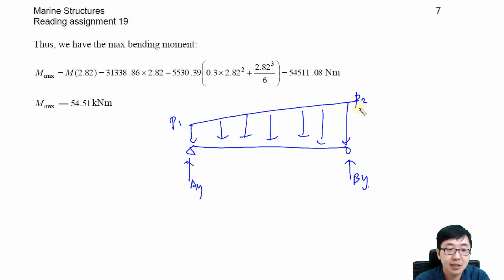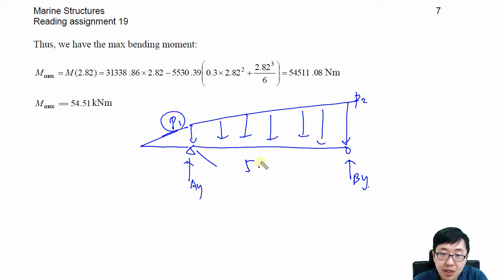What I mean is, you don't need to use the function, but you can simply find this number. You know what I'm saying? Because we have this is 5 meter, this is 0.6 meter, and this is log h, so that P is log h, so that you can get this number.